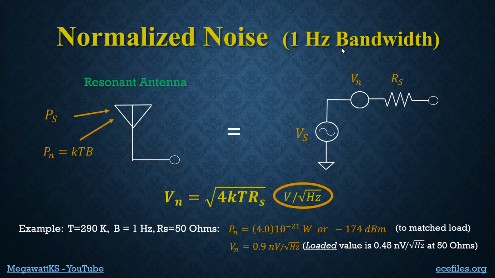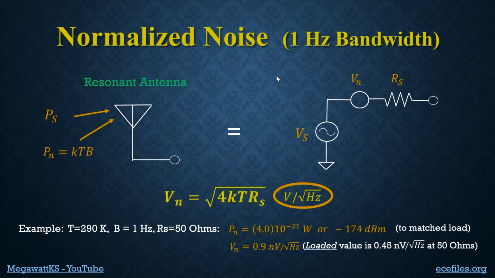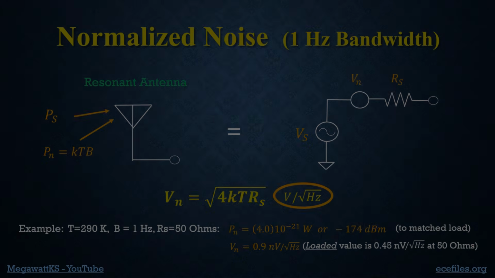So remember, the noise in the resistor was 4 kT R sub S B for this antenna, but B we take as a 1 hertz bandwidth. And then we have this new formula that doesn't have B in it, so that it's universal. We can use it in any case, but the units are weird. It's voltage per root hertz. I'll let you puzzle over that if you want, but let's get back to it.